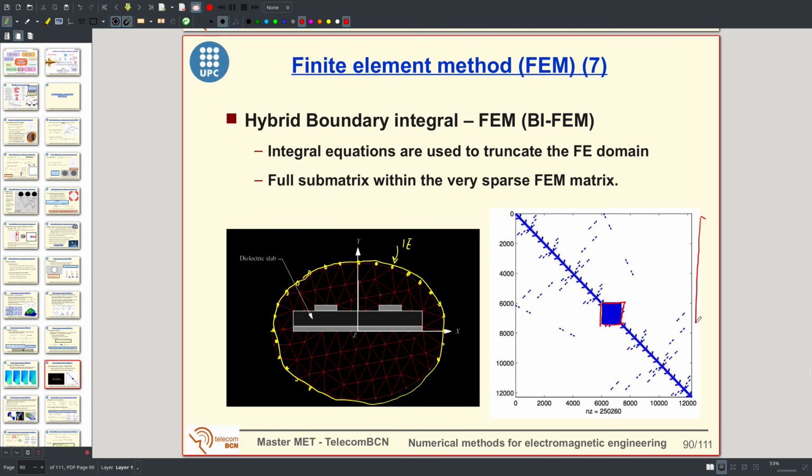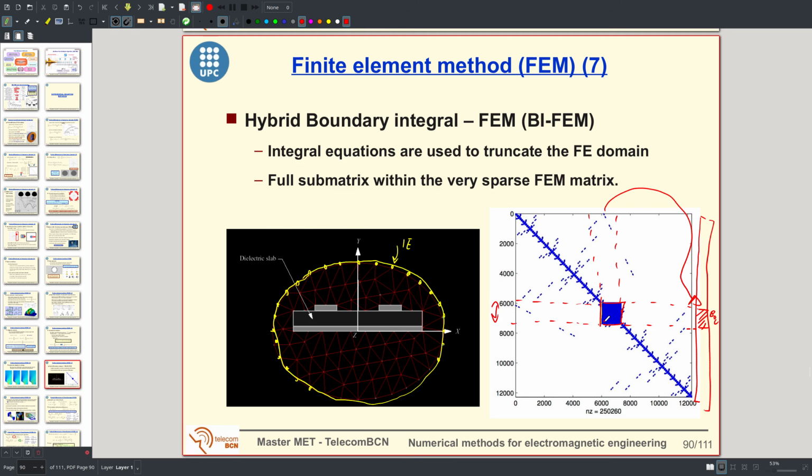That is, if we have here the unknowns vector, the rows corresponding to this full square at the boundary, these are the rows that correspond to the boundary. Okay, so, or here, better, here, this corresponds to the boundary samples, and here you set the boundary condition at the boundary.